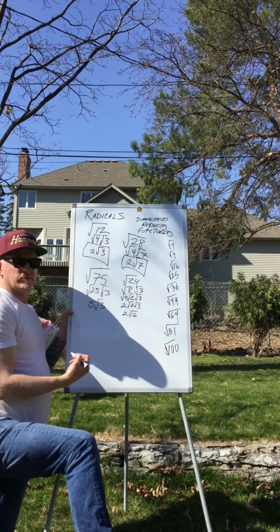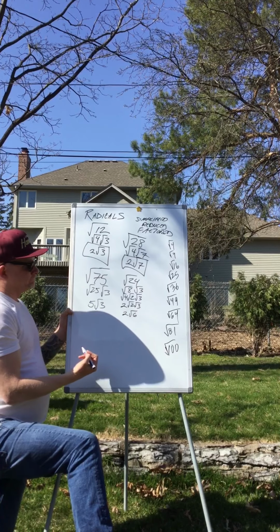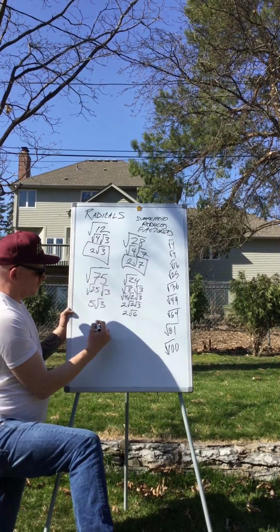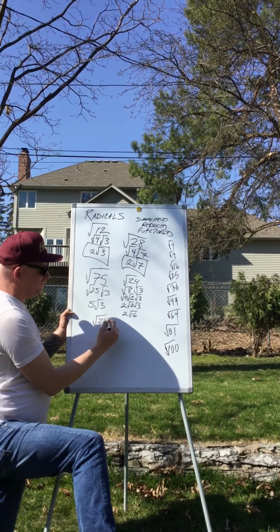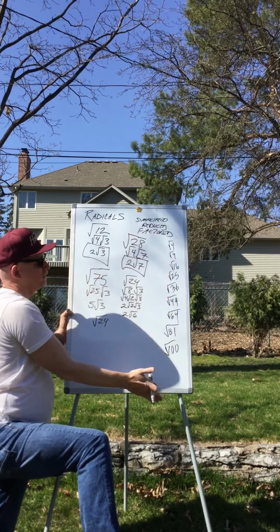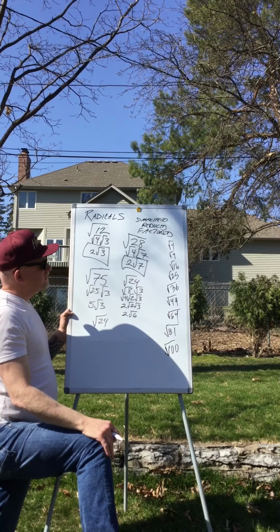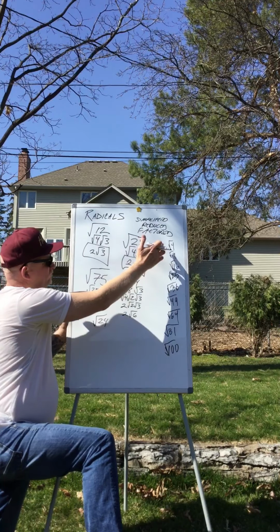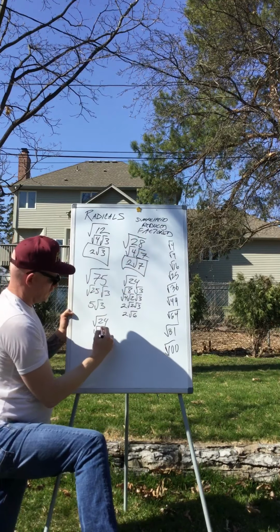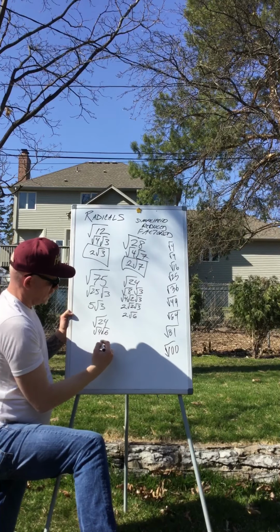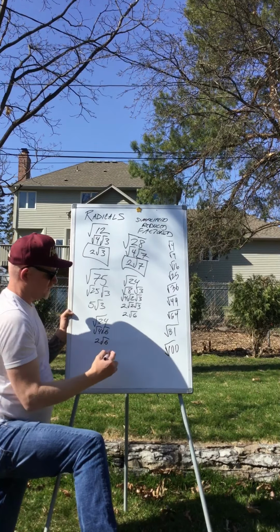And you can be more efficient, we use that word a lot this year, if you found the largest perfect square that goes in evenly, which would be 4, and you are done with less work.